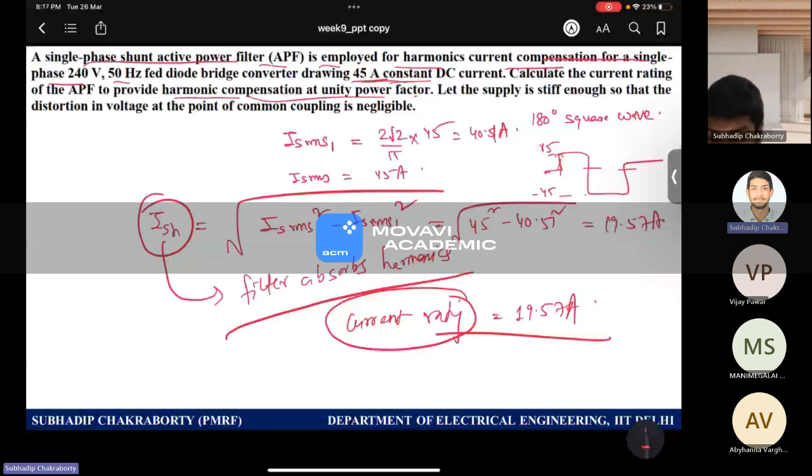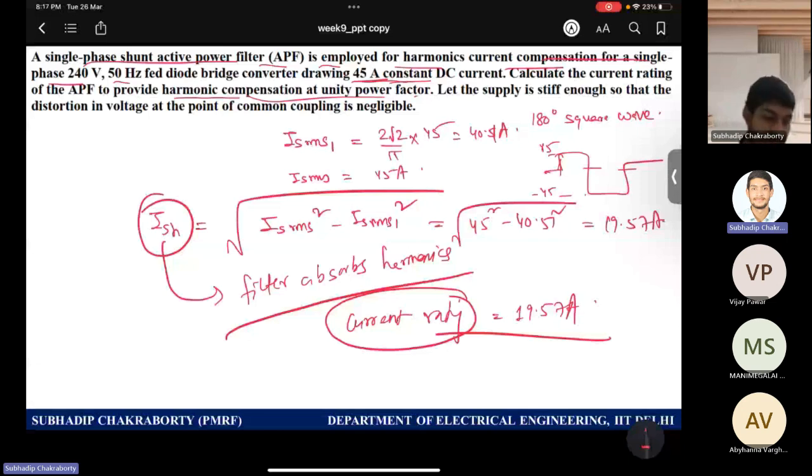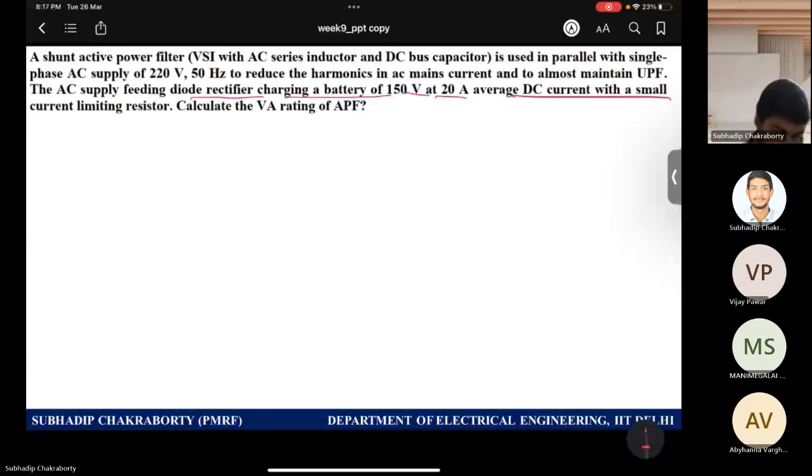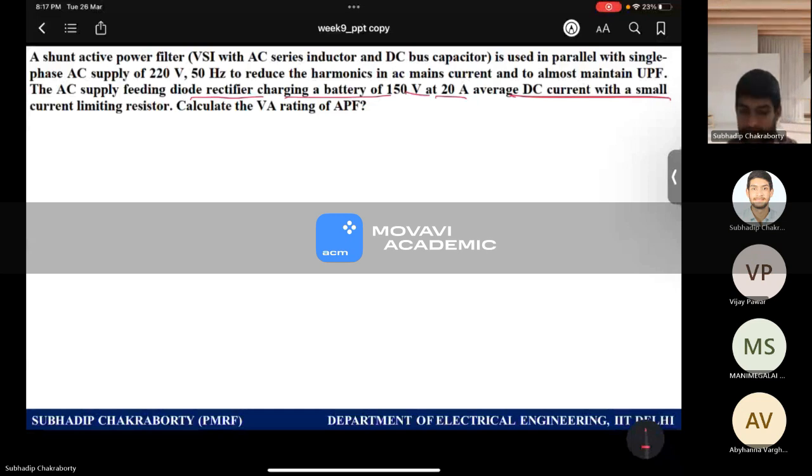The supply is feeding a bridge rectifier charging a battery, 150 volt 20 ampere, with a small resistance. Now the volt ampere rating of the active power filter is being asked. In this kind of problem, you must know that we are trying to maintain almost unity power factor with the active power filter.